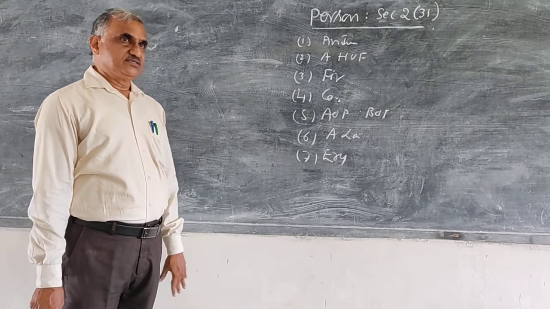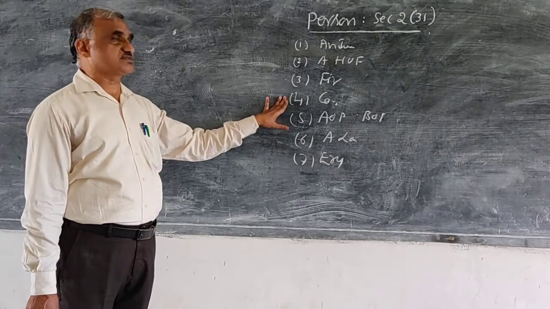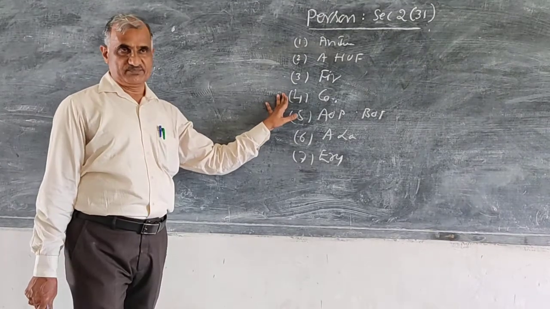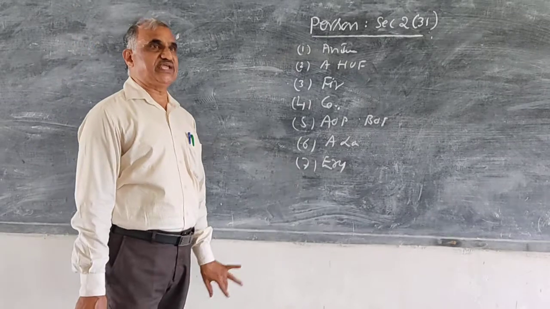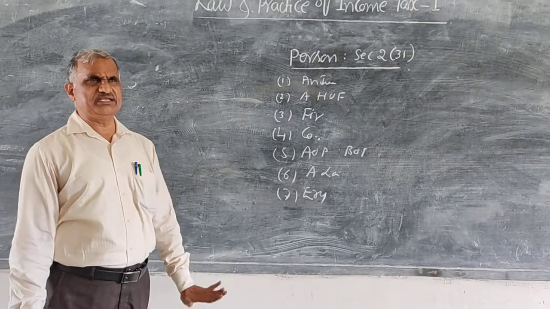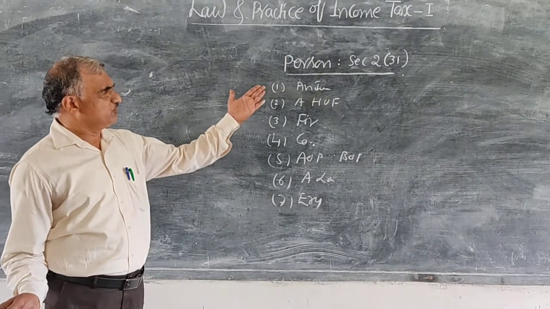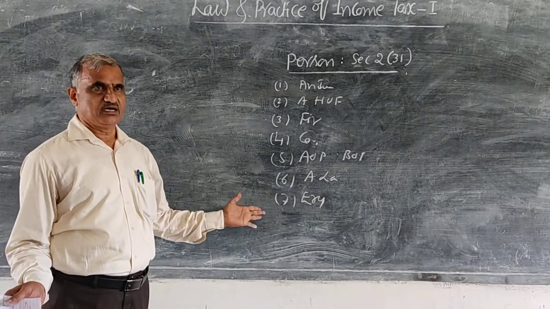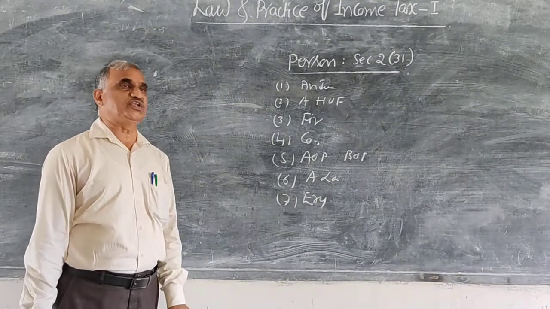Dear students, if you clearly study this definition of a person given in section 2(31), you feel that nobody on the earth is spared from paying income tax. Every entity on the earth should pay income tax. See, all human beings and non-human beings are included in the definition of the term person in section 2(31).